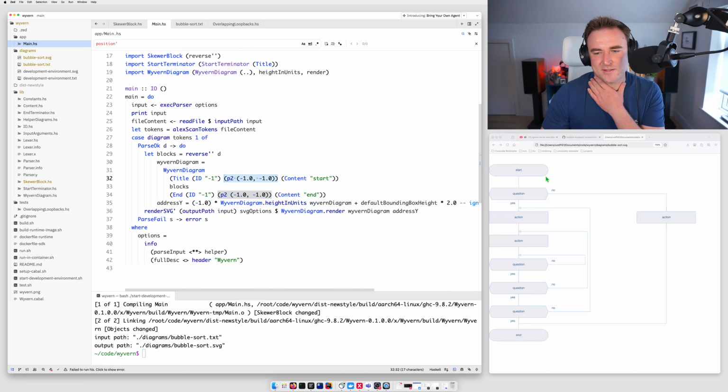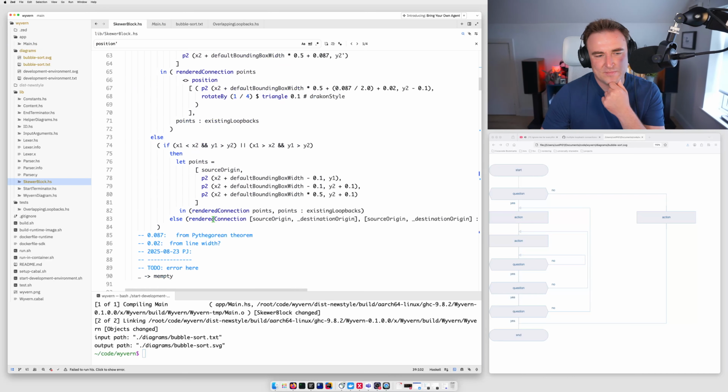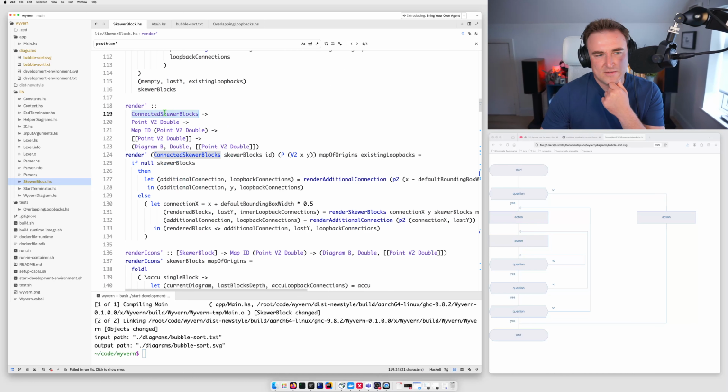So what is currently in my head is I shouldn't be positioning or changing the origin of anything that is not on the main skewer. But it's becoming a chicken and egg situation where if I don't do that, then additional connections defined in this type, see this ID, if it leads to a block that's not positioned yet, how should I resolve it?